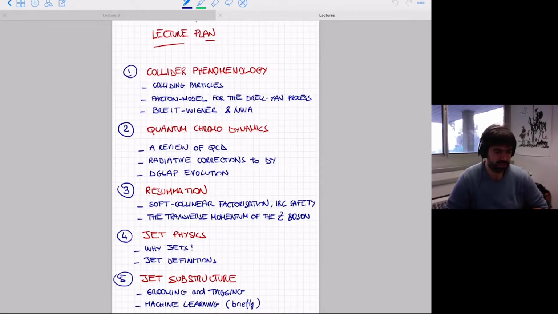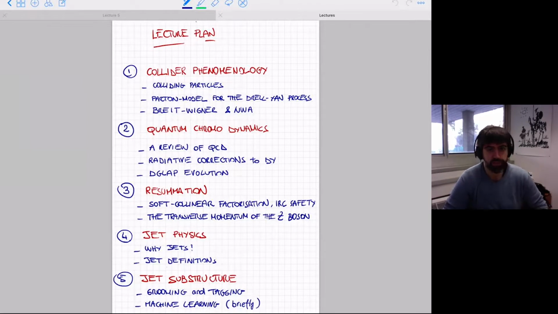And from the point of view of the theory, we introduced the parton model, the simplest way we have to describe high energy interactions in proton-proton collisions. And we kept, as an example, always this Drell-Yan process. Then, in the second lecture, we asked ourselves how we can incorporate QCD corrections to this simple picture.